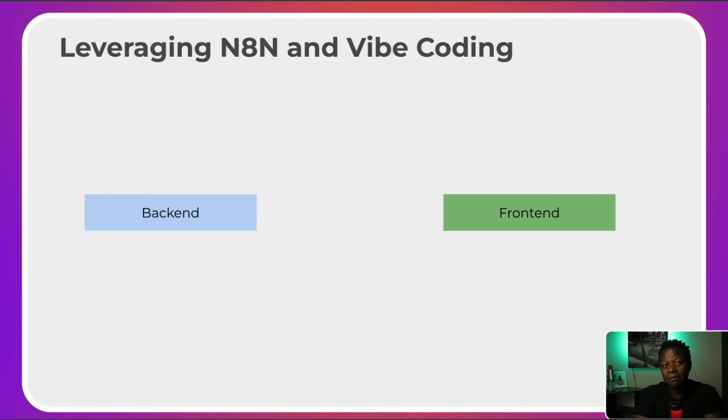We can use the back end of n8n that we build, drag and drop, creating workflows, agents, and everything. And then for the front end, we're going to send prompts to an AI agent that knows how to build code to actually build the front end, which is going to be connecting to the back end. That's what we're going to be doing. Let's get started understanding real quick what n8n is and how to install it and get started.